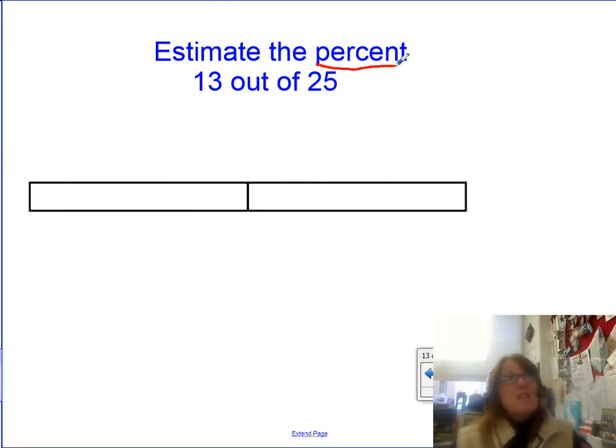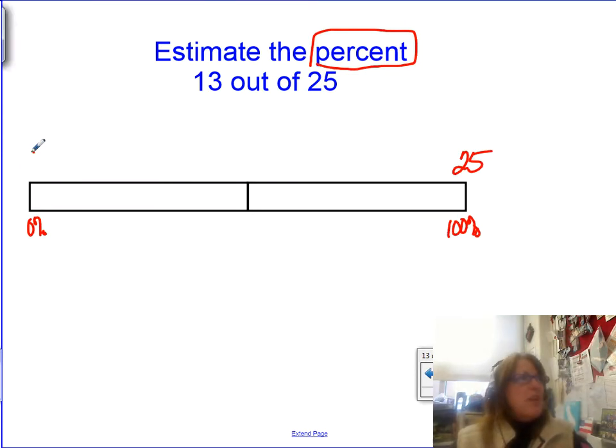If it says, oh, I don't give you the percent this time, tell me what 13 out of 25 looks like. Well, if you want to think of it this way, this time you've got the 25 here, okay? And as you look at, here's 25 and 0.